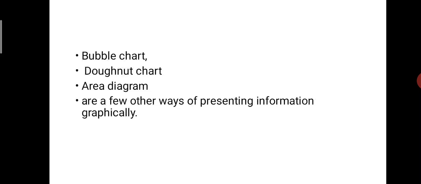Here is another bar diagram given, and you have to complete the descriptive paragraph with the help of this bar diagram. Till then, try to practice this descriptive paragraph and remember all the types which we learned in this particular module.